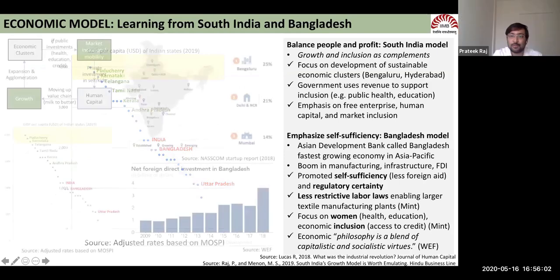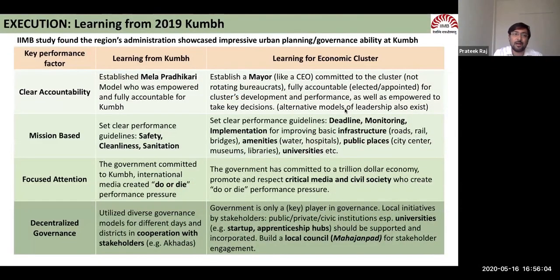So let me move on to the last part, which is execution. We covered to some extent what kind of accountability systems we should have in place, and decentralized accountability. Some of us from IIMB had studied the Kumbh last year, and something I personally found very interesting was that it is a huge event and very hard to manage. 3-4 crore people come on a single day in Kumbh, and it's effectively a city.